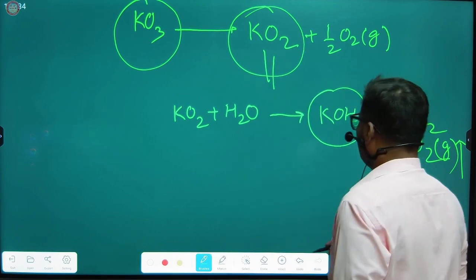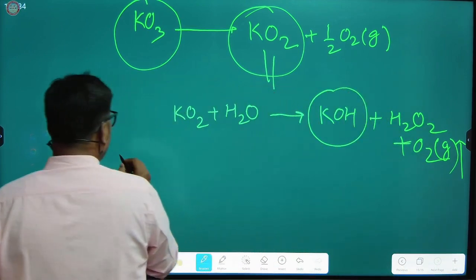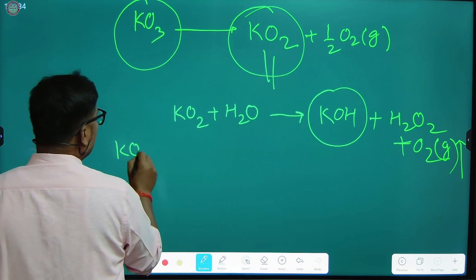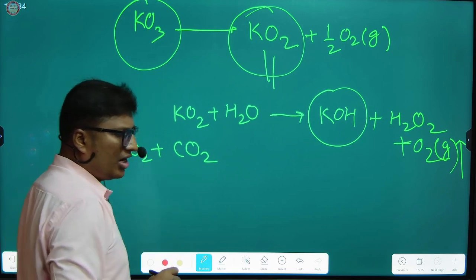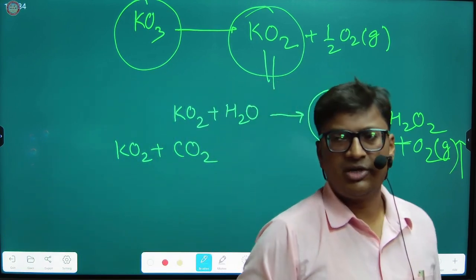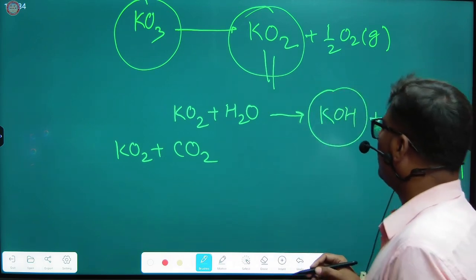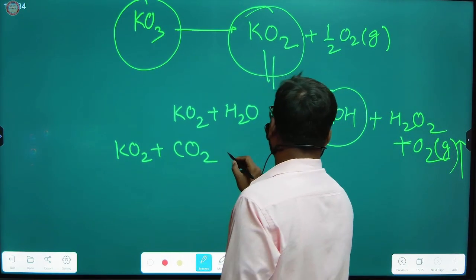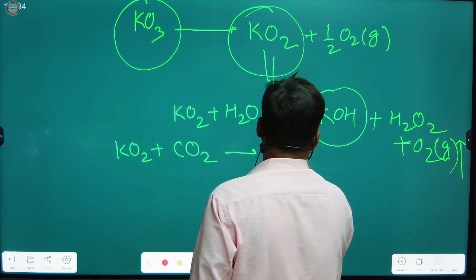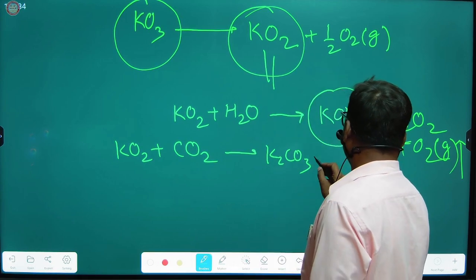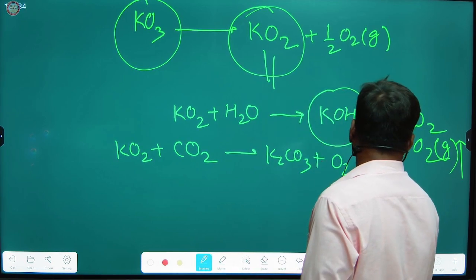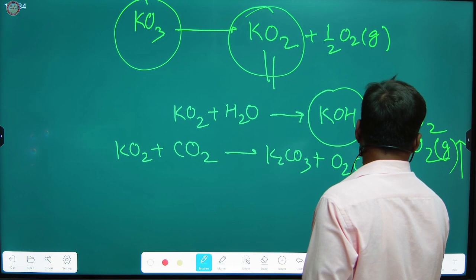superoxide. If potassium superoxide reacts with carbon dioxide in the atmosphere, what actually happens is that it forms K2CO3, potassium carbonate, through the release of oxygen gas in the atmosphere.